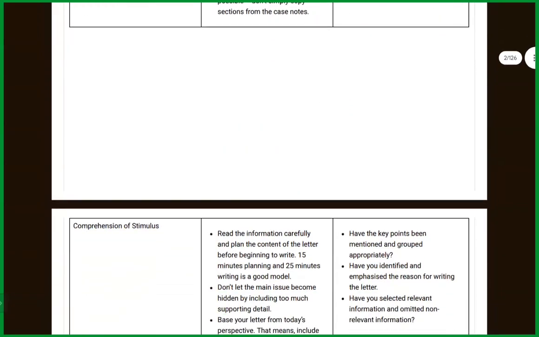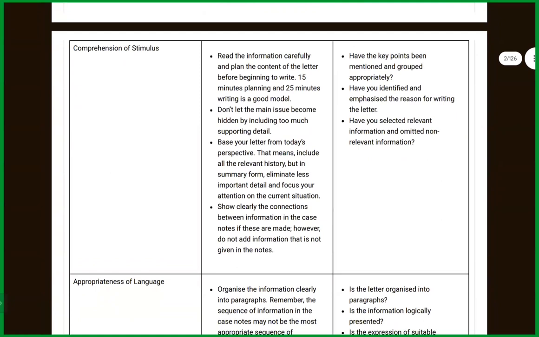Coming to the next criteria, comprehension of stimulus. In the comprehension of stimulus, the first strategy is read the information carefully and plan the content of the letter before beginning to write. We all know that they will give 5 minutes for reading and 40 minutes for writing the letter.